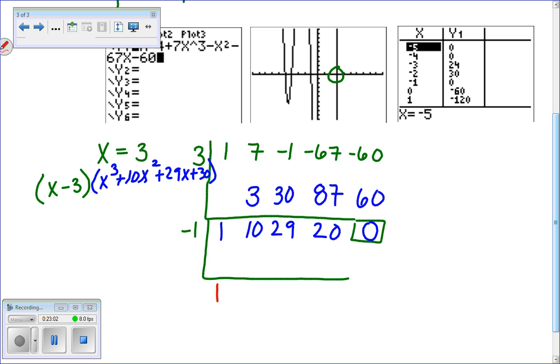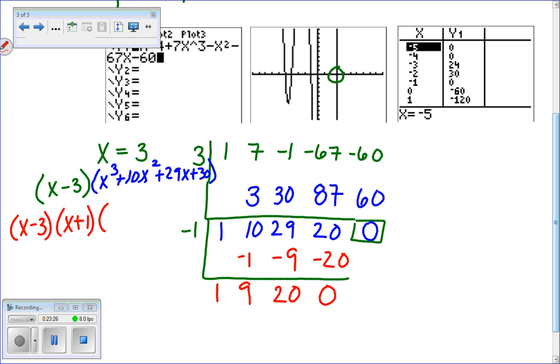Drop down the 1. -1 times 1, -1. 10 minus 1 is 9. -9. 20. -20. 0. Okay, so now breaking it down further, we've now gone x minus 3 times x plus 1 times x squared plus 9x plus 20.